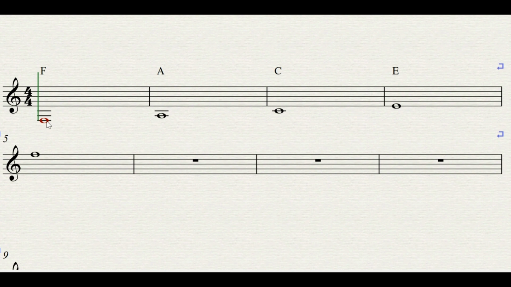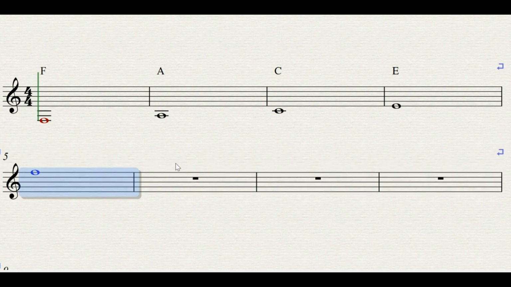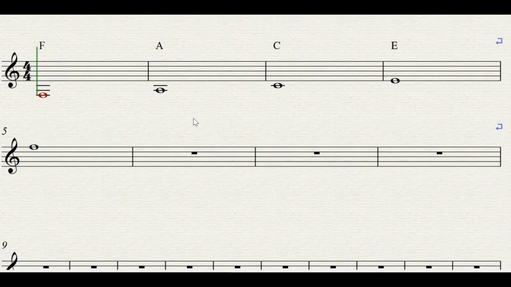So I'm showing you that 3 lines, 2 lines, 1 line, and you include the first line of your stave, you get the letters of the word FACE. And I think that should make it easier to remember, should you have to be in a position where you have to read this stave.